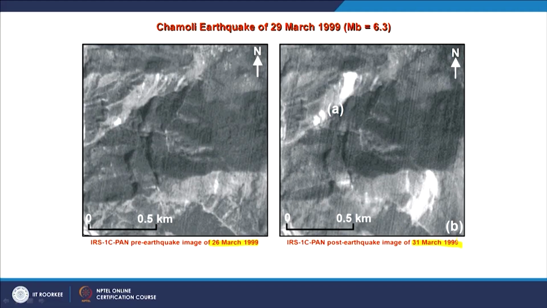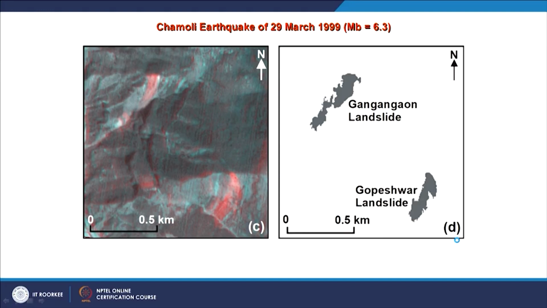So, using this pseudo color transformation technique, we created one single image which was showing the changes which have occurred between these 2 input images dates, and the red areas are showing the changes in terms of reflection, that increased reflection, and this is because of landslides which were induced by this Chamoli earthquake of March 29 of 99.